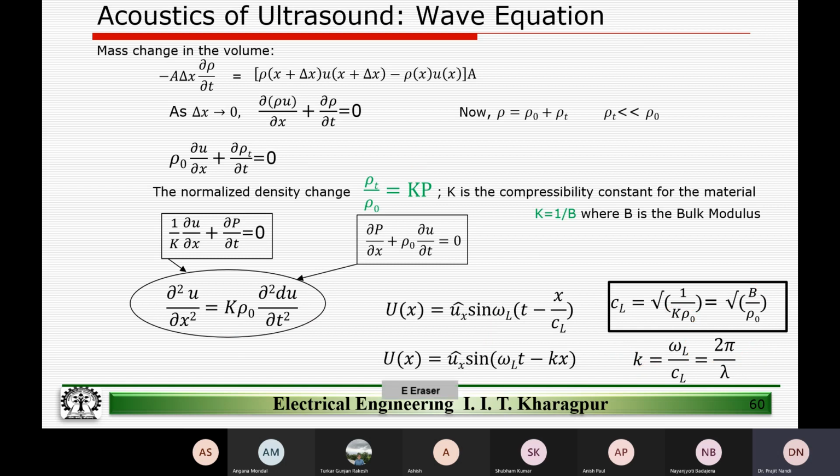But the point is the same relations hold true when the sound is propagating in a medium. So please note, I am denoting these quantities as omega L and CL. L stands for the longitudinal wave.